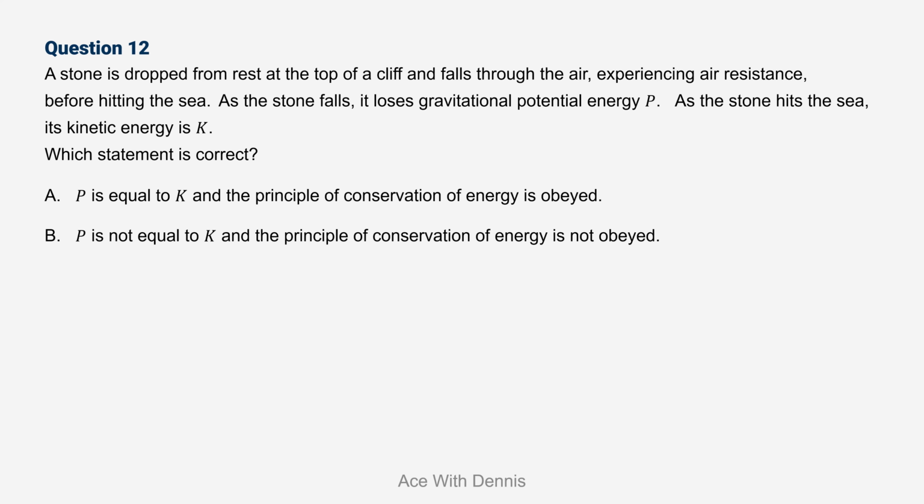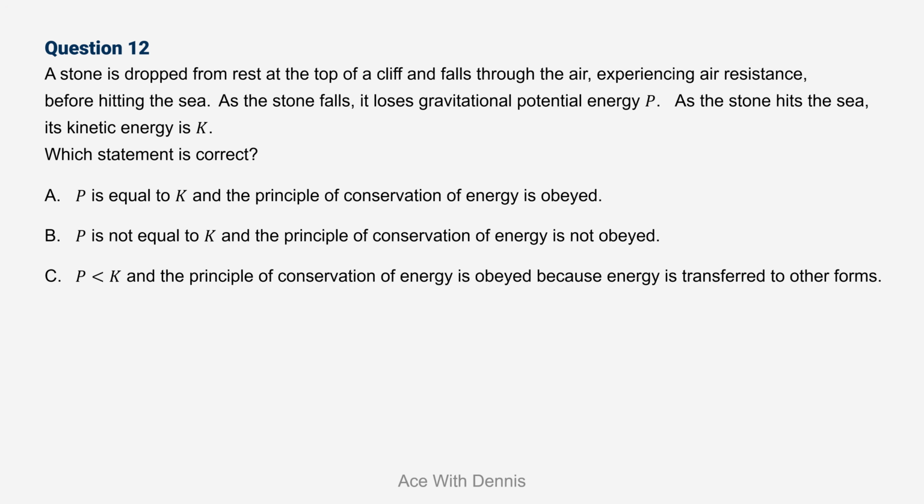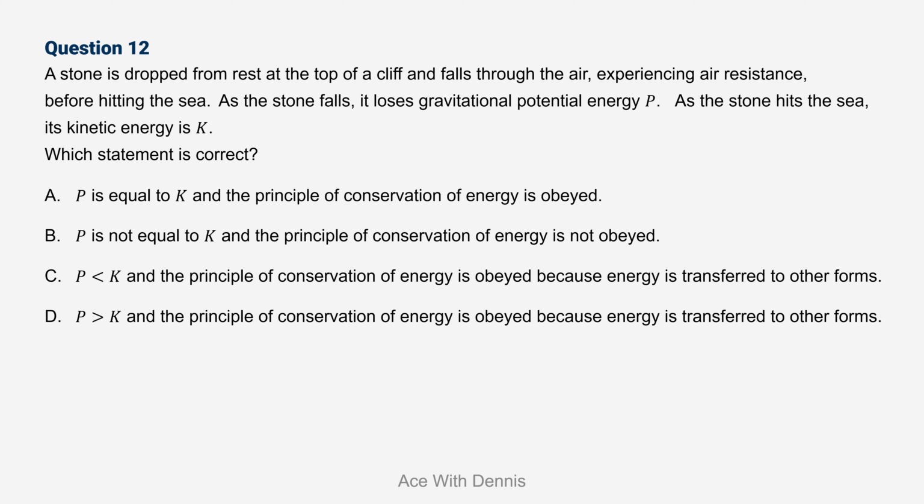B. P is not equal to K and the principle of conservation of energy is not obeyed. C. P is less than K and the principle of conservation of energy is obeyed because energy is transferred to other forms. Or D. P is greater than K and the principle of conservation of energy is obeyed because energy is transferred to other forms.